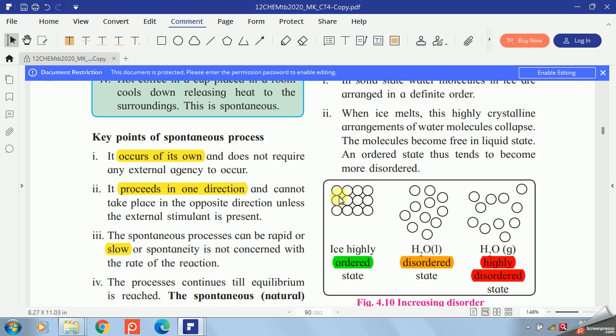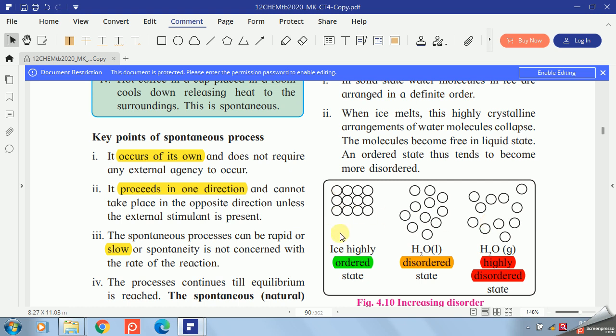In case of solid, they are orderly arranged, in liquid state they are less orderly arranged, and in gaseous state they are not in order. That means they are in a highly disordered manner.